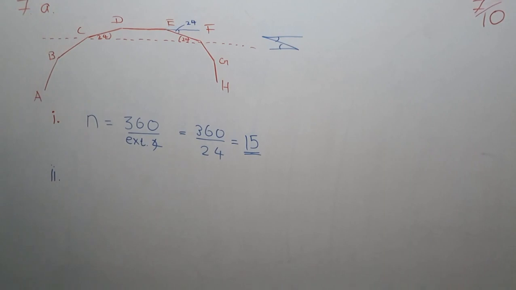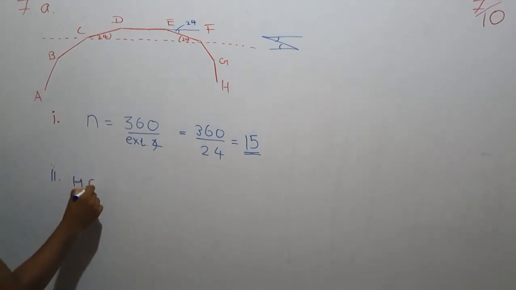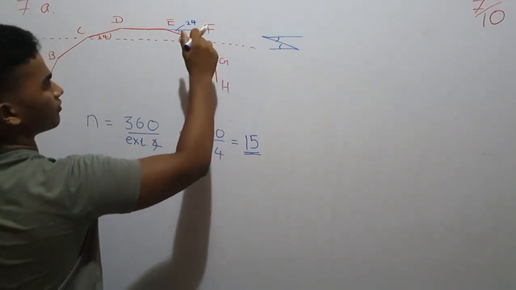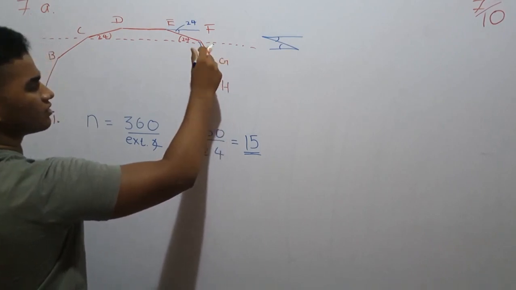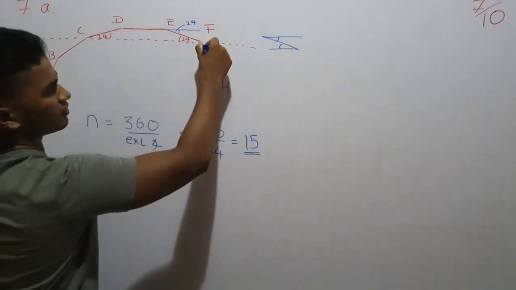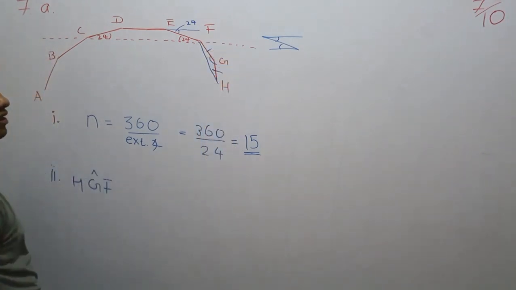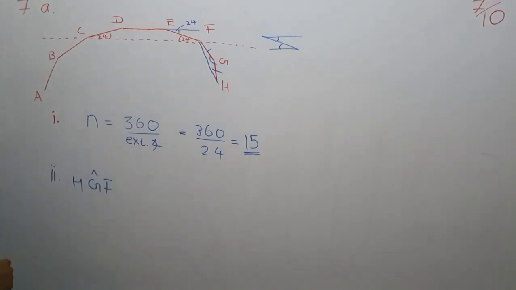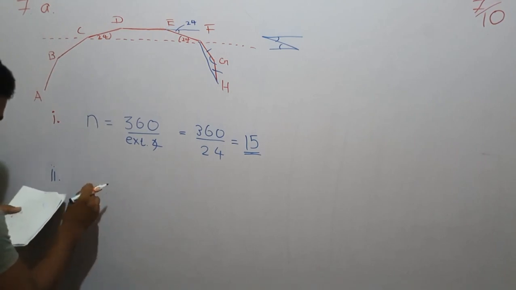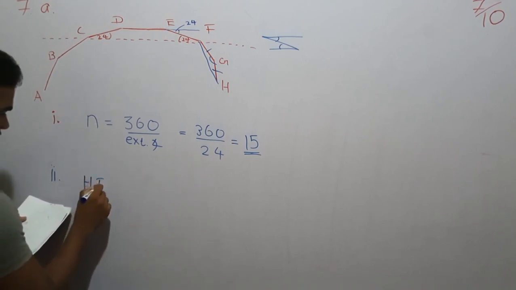Roman numeral 2. Find HGF. So HGF, meaning this angle. Now what is this triangle? Two sides are equal in this triangle. See? So this is an isosceles triangle with two sides equal. So the question is HFG.